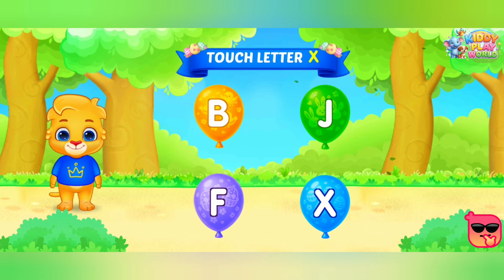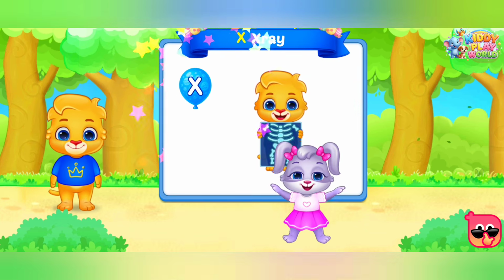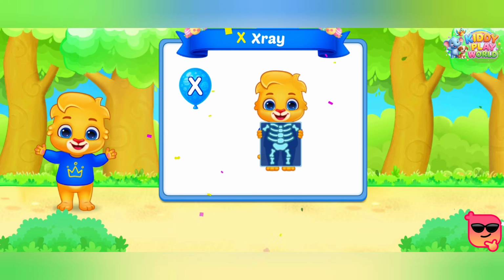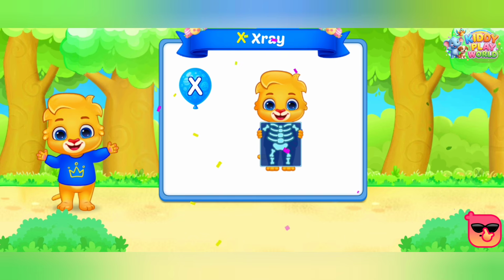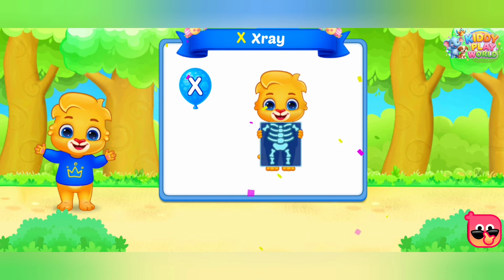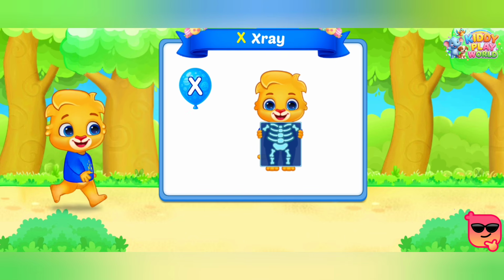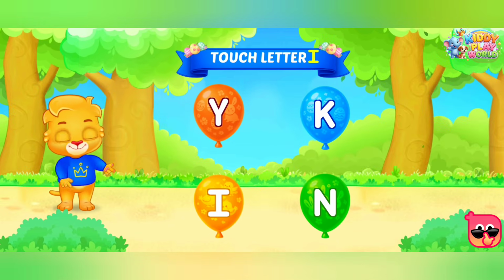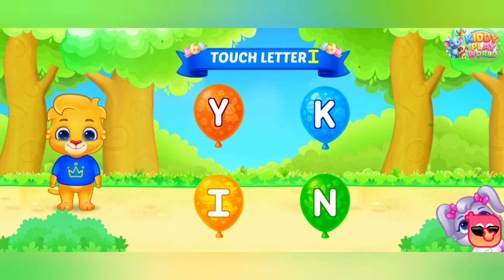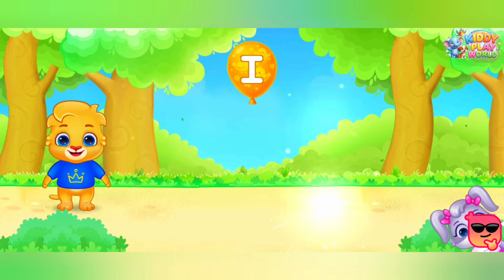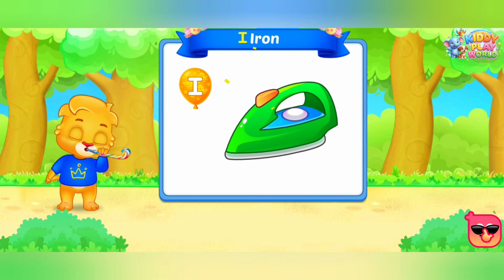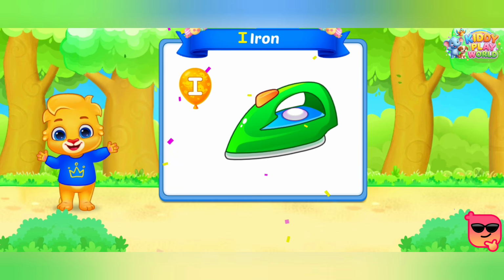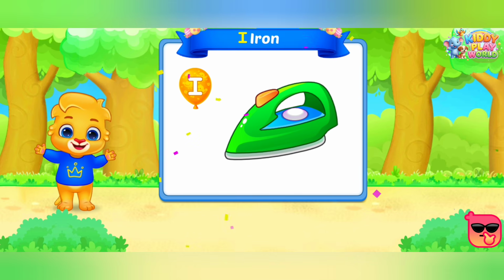X. X is for X-ray. Touch letter. I. I is for iron.